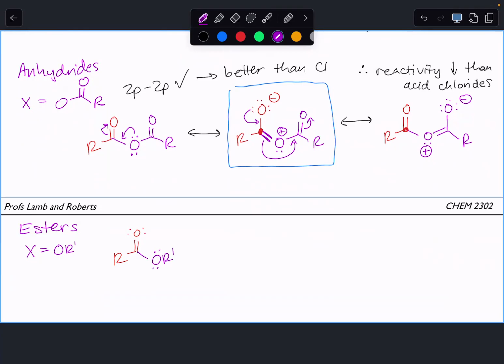So that's our ester. We're going to draw a resonance structure again. Going to push the lone pair towards the carbonyl carbon, break the double bond. Okay, so here is our CX bond resonance structure.